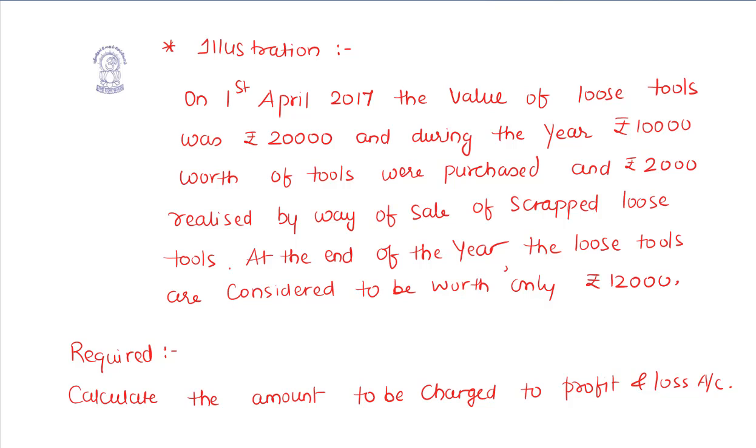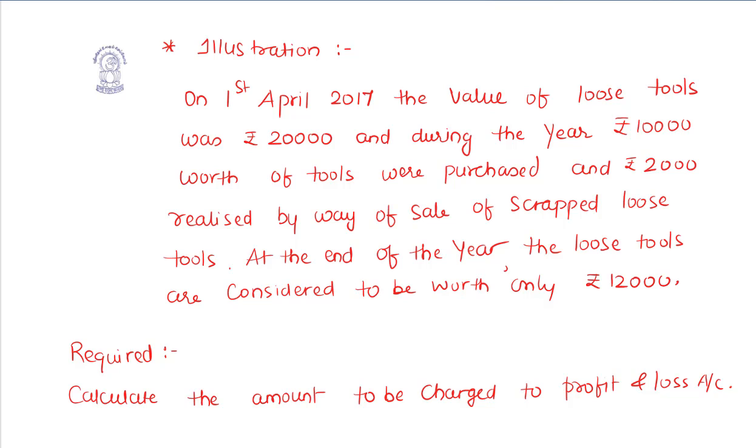Kindly read the question once more. On 1st of April 2017, the value of loose tools was 20,000, and during the year rupees 10,000 worth of tools were purchased and rupees 2,000 realized by way of sale of scrapped tools.